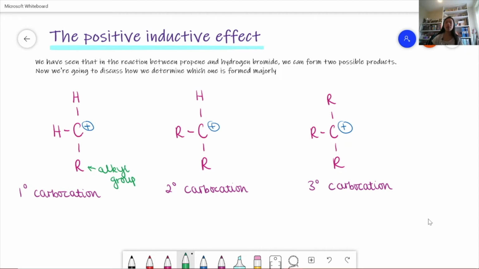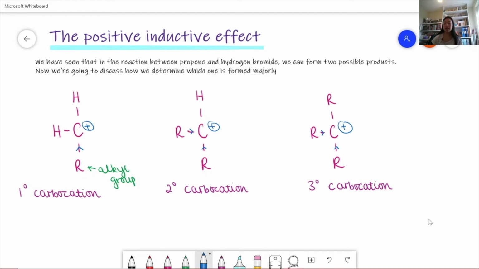And what the positive inductive effect states is that alkyl groups will release electrons onto the carbon with a positive charge. And so therefore we get some electrons going towards the carbon where all the alkyls are.